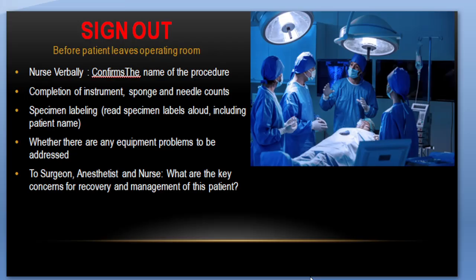For example, if any sponge, needle, or instrument is kept inside the wound or inside the body, it may cause many complications like sepsis, or sometimes even death. To avoid those complications, we have to confirm all instrument counts are correct.